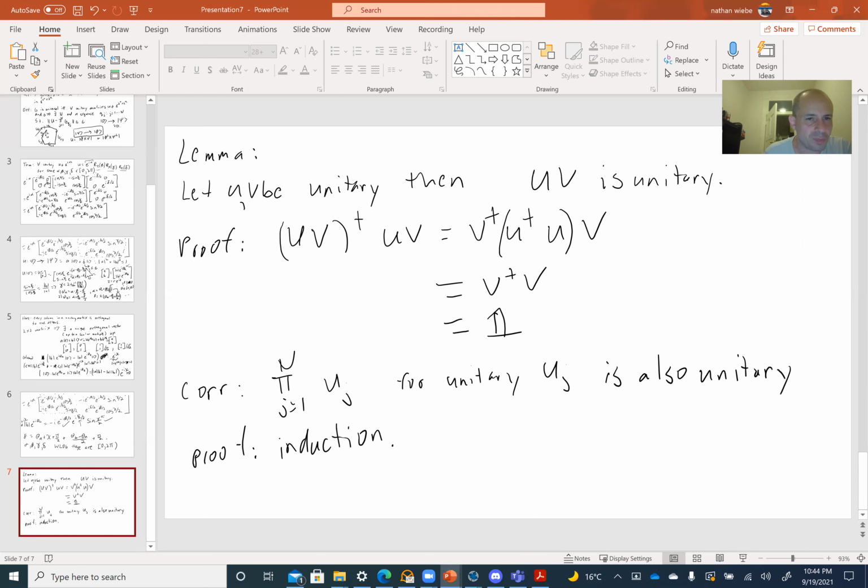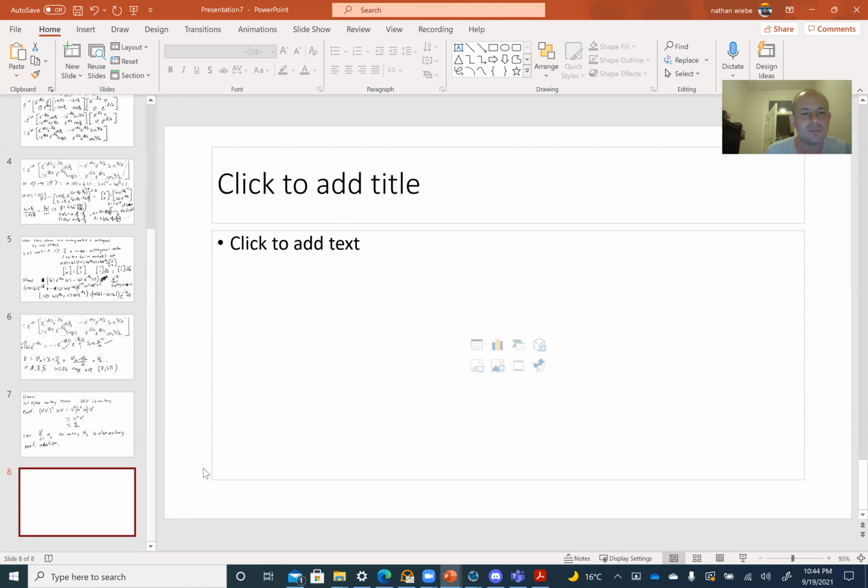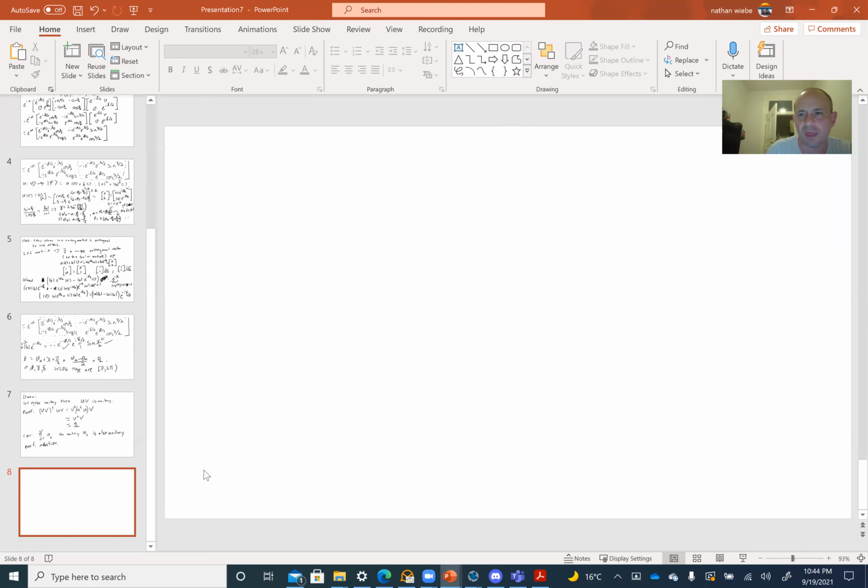So I should mention one final thing as a little bit of an aside: the e to the I phi alpha in front of this actually turns out to not really matter. Here's why. Let's assume that I've got 2 unitaries: a unitary U, and a unitary e to the I alpha U. Now, let's say we want to compute some probability.